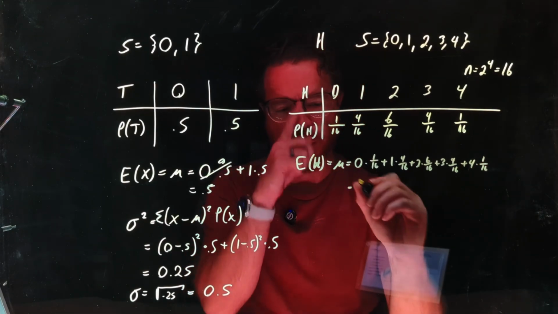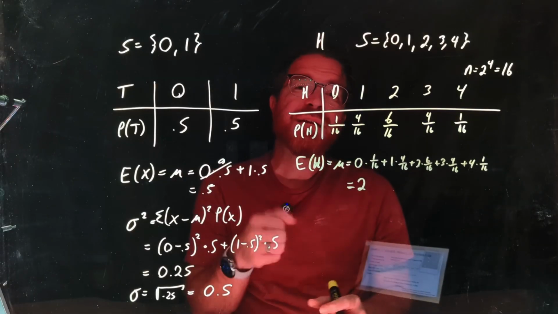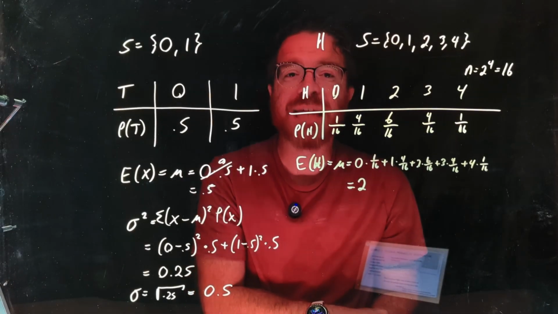And doing this, I'm going to get 2, which means that every time I flip these 4 coins, on average, I expect the outcome to be 2.